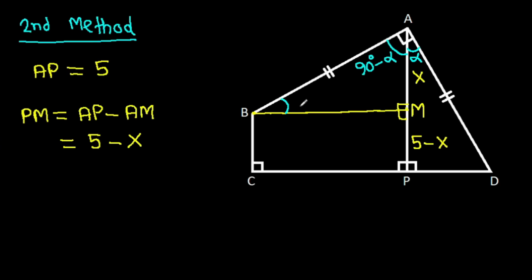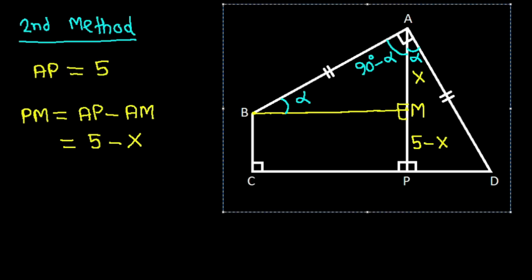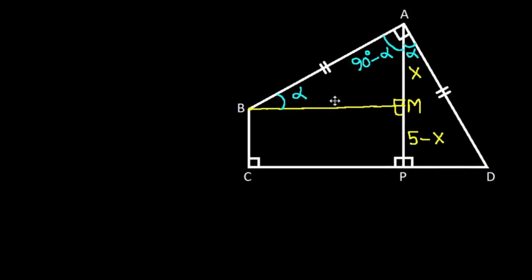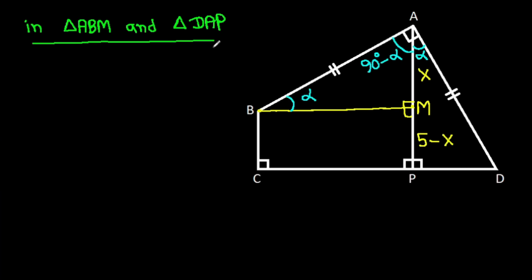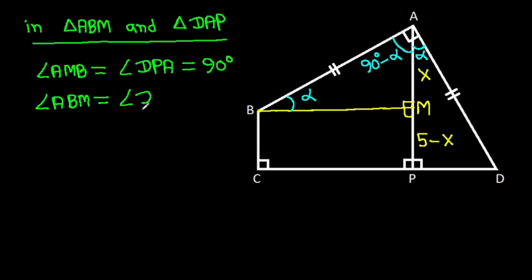So this angle, it will be again alpha, and in triangle ABM and triangle DAP, we have angle AMB is equal to angle DPA, that is 90 degrees, and angle ABM is equal to angle DAP, that is alpha, and AB is equal to DA.